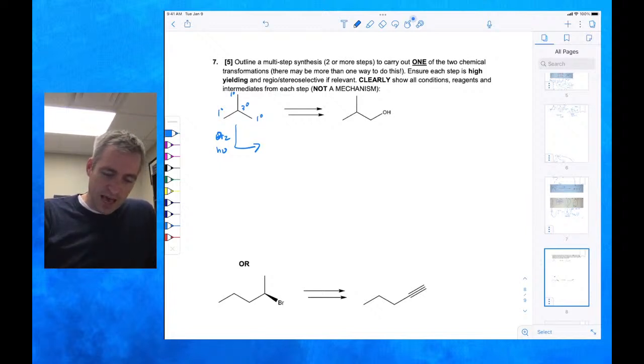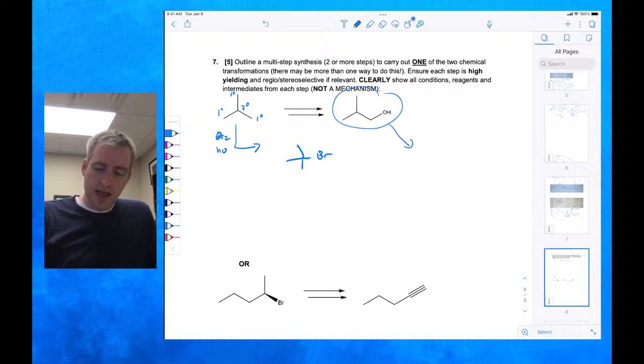Anyway, that will replace the CH in the middle with CBr to make this. That's not quite there. If I look at that molecule, what I see is that probably came from, well, I guess the arrow should go the other way around.